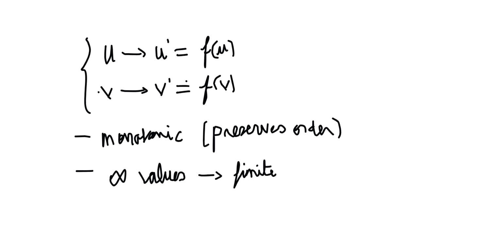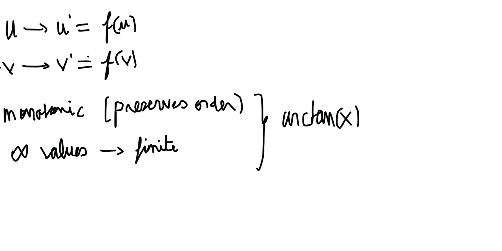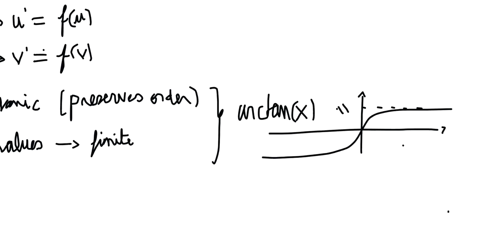The conventional function that we choose is arc tangent of x, because it's a monotonic function that maps plus infinity to pi half and minus infinity to minus pi half. So that's the conventional function that we choose.